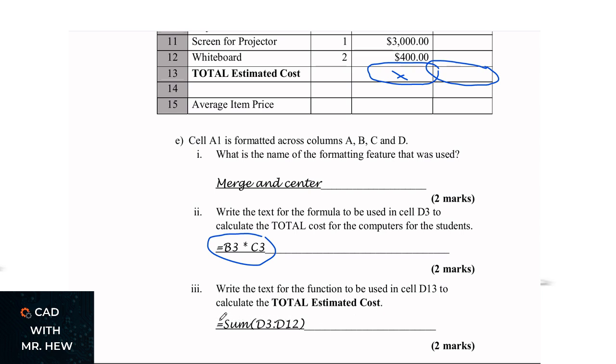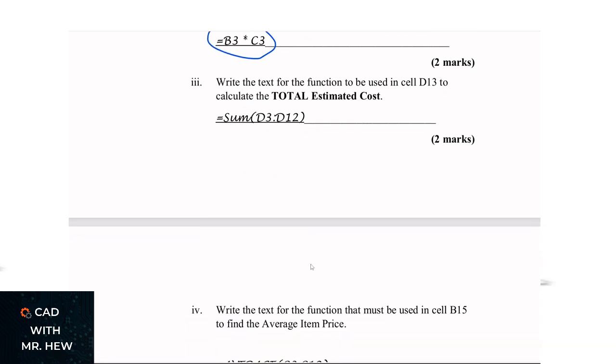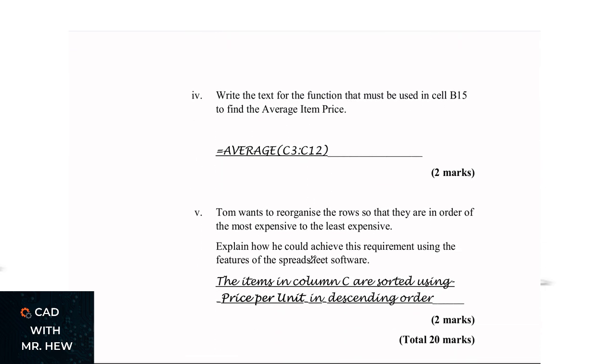So the answer is equal sum open bracket D3 through D12 close bracket, and you will get 2 marks for this answer. Okay, here's another question. The answer for this question is equal average open bracket C3 colon C12 close bracket, and you will get 2 marks for this answer.